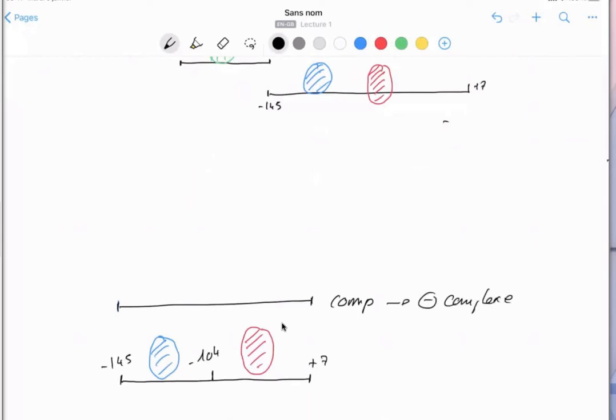Does it make sense? Yes. Okay. But look what's happening. We are now using half of the probe, so minus 104 to plus 7, as a competitor. And the consequence, look at the gel: no more complexes.